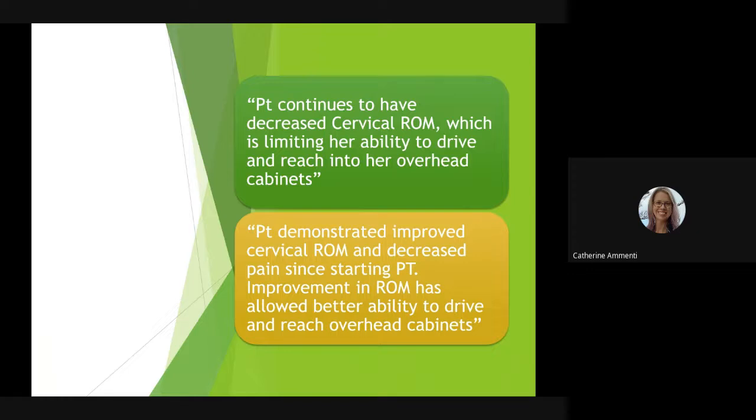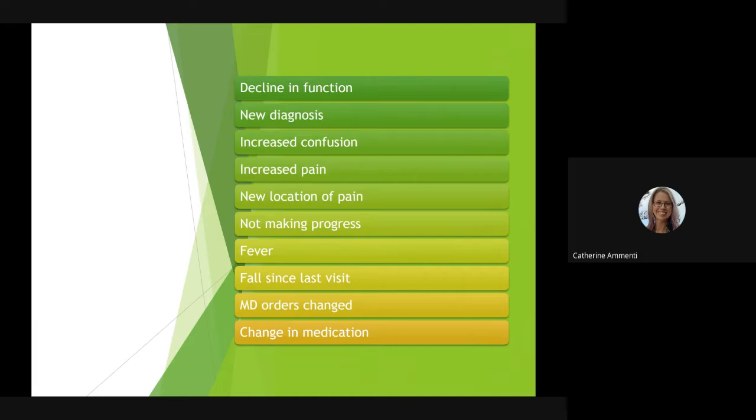Now, what this does not say is skilled physical therapy continues to be necessary to achieve the aforementioned goals, or skilled therapy is still necessary due to moderate pain complaints and range of motion limitations. So make sure you are explaining why there is going to be another visit.